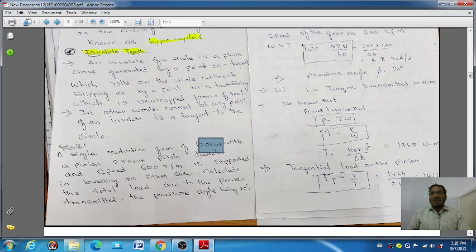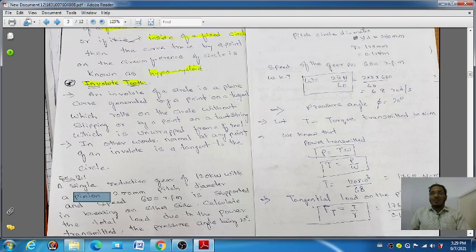Then we have to find the tangential load on the pinion, because the question is asking about the pinion. Here the pinion is mentioned. So the tangential load on the pinion, Ft is equal to T by R. In that case, Ft is equal to the value of T we just got, 1765, by the radius. How much is the radius in terms of meter? 0.125 meter.